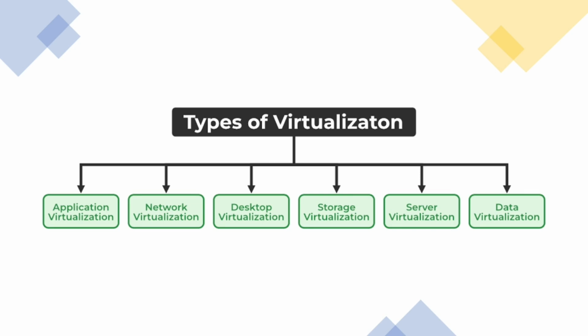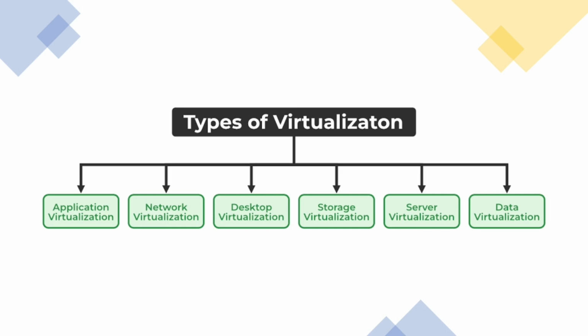That is called server virtualization. And then last but not the least is data virtualization. If data is being collected from various sources and is kept at a single place without the users having knowledge of how the data is being collected, how it is being stored, how the formatting is being done, that is the concept of data virtualization.